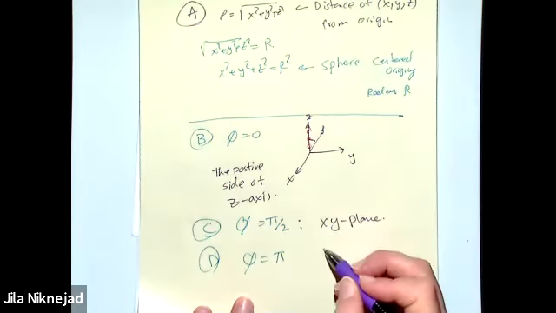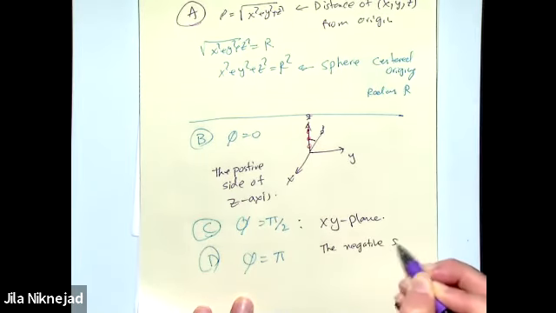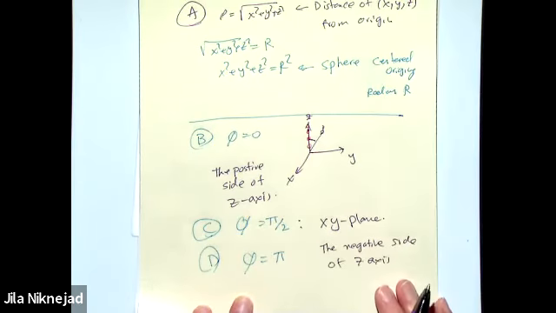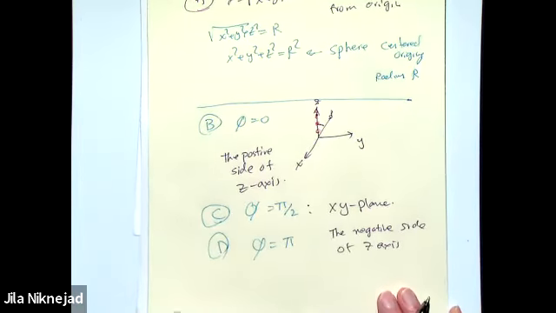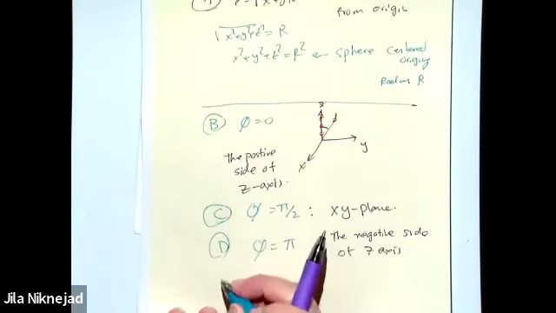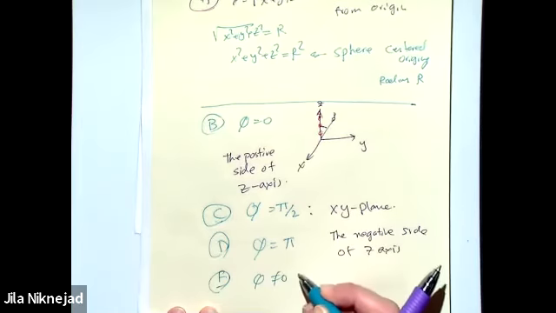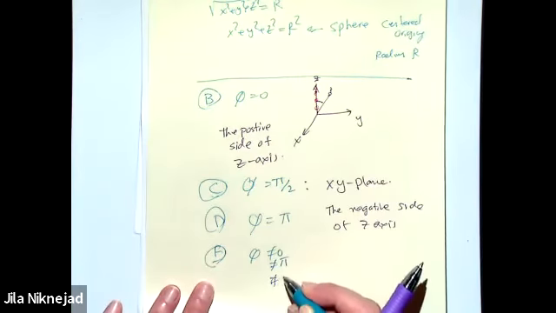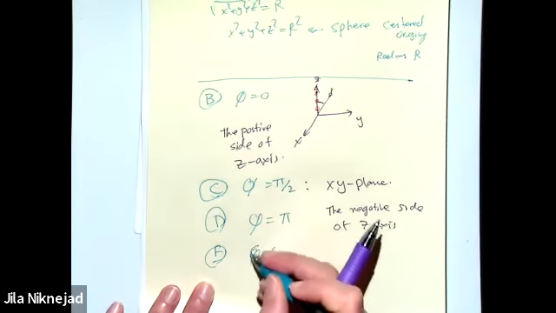You know it's going to be the negative side of the z-axis. And for all the other phis, basically, you can simplify and figure out, for phi not 0, not pi, not pi half, sorry, for C.